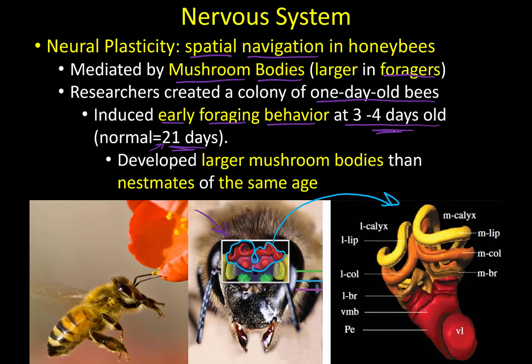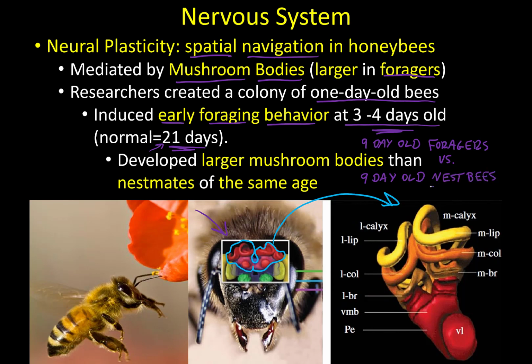What we found is that when you dissect the brains of these foragers after they've been foraging for a few days or maybe up to a week, and you compare their brains to the brains of bees who never left the colony but are the same age, so perhaps you're comparing the brains now of 9-day-old foragers, and you're comparing them to the brains of 9-day-old nest bees, meaning bees who have not left the nest.